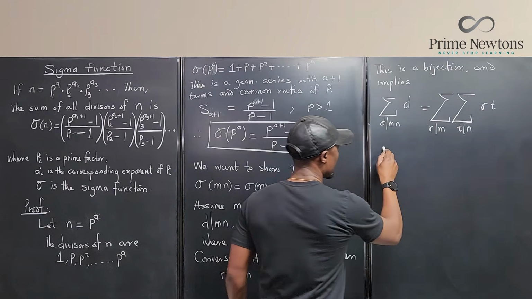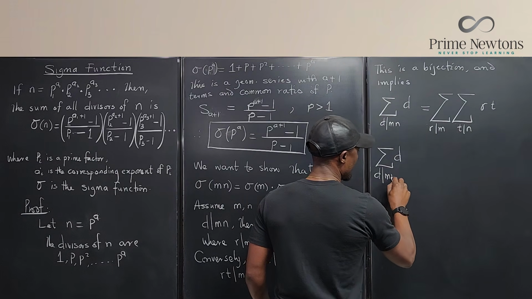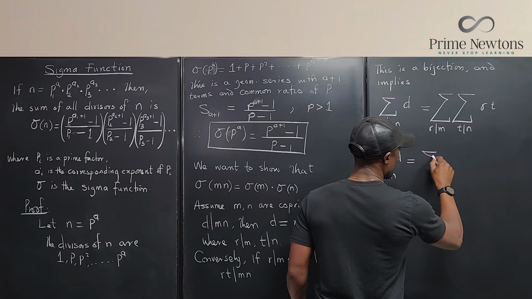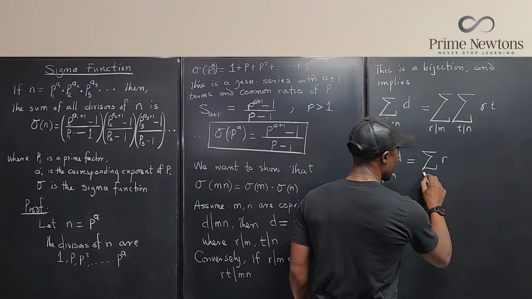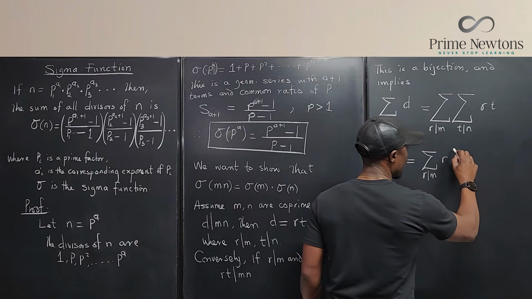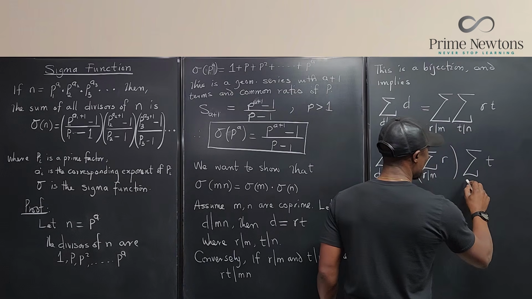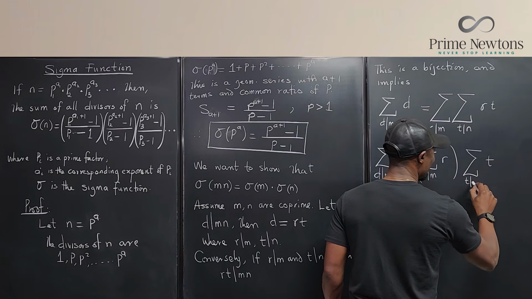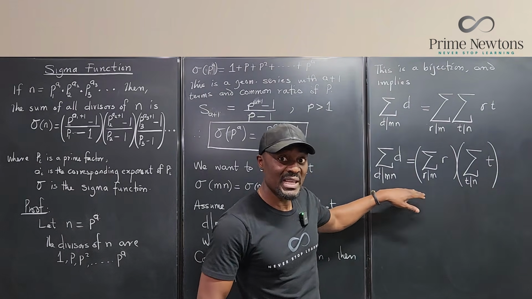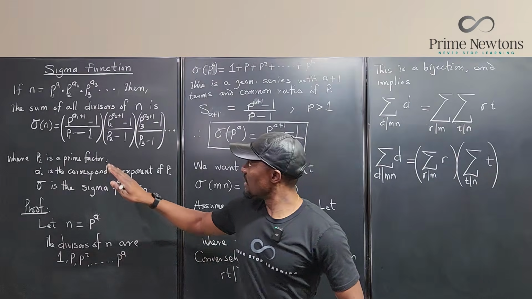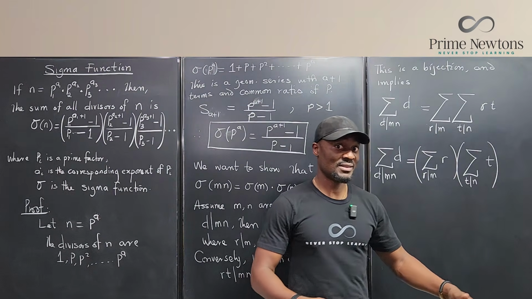So we can say that the sum of all divisors of MN is equal to the sum of all divisors of M, R divides M, multiplied by the sum of all divisors of N, which is T divides N. And if there's another one, because we have established the multiplicative property of the sigma function, you can now do this too, then multiply by the next one, then the next one, then the next one.